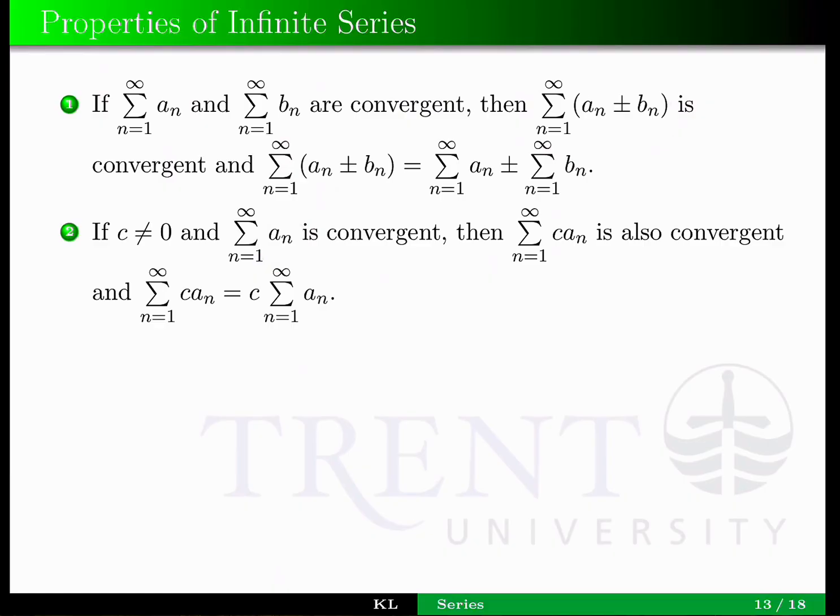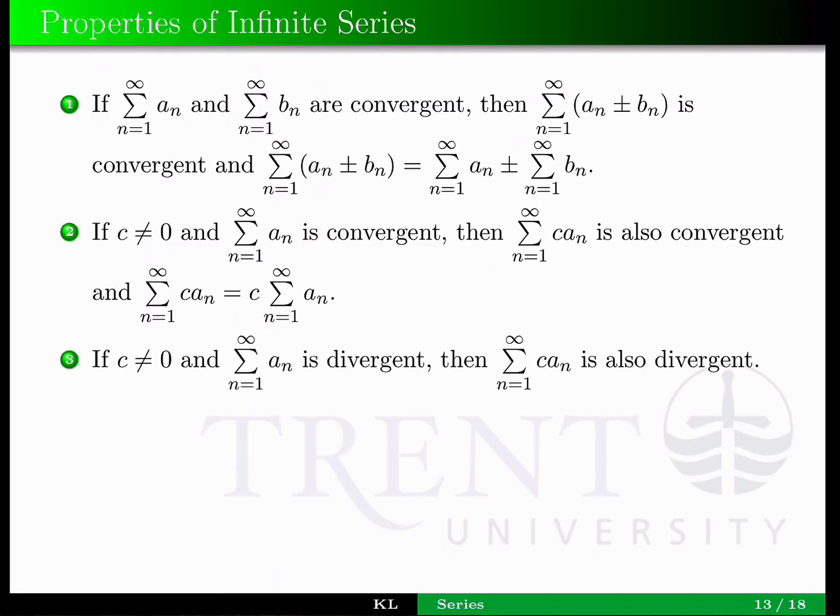The sum will be just sliding the constant c outside, and getting the sum of your an multiplied by your c. Similarly, if your series is divergent, then multiplying c to the terms will give you a series that is also divergent.